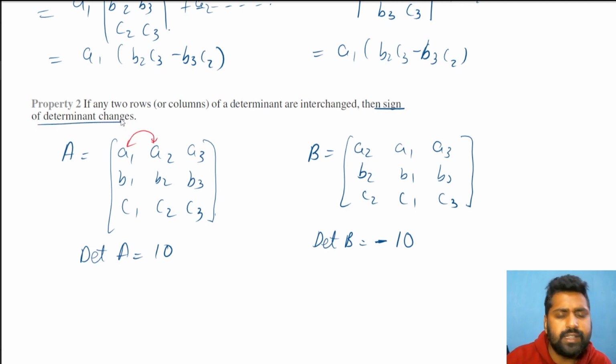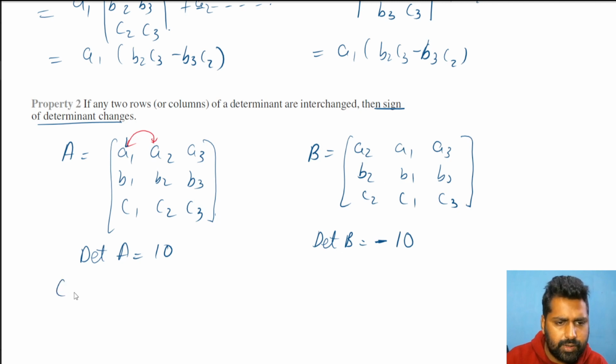For every single change you will get a negative sign. Right now there is one change, so the plus 10 will become minus 10. If the determinant of A was 10, determinant of B is minus 10.